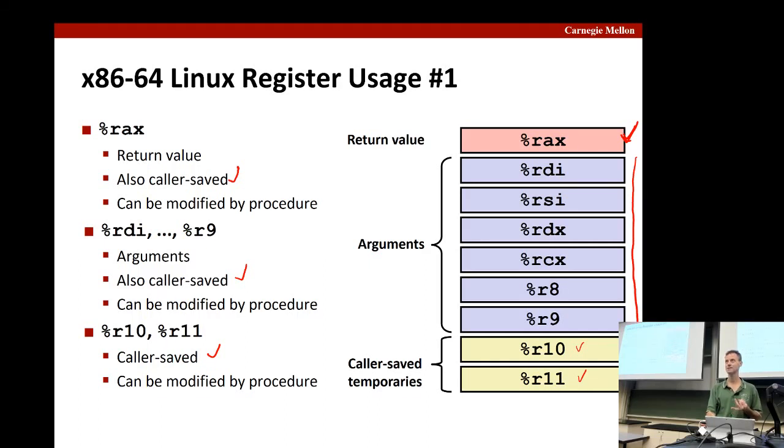So I'm saying, if you call multiply and it puts two things in R10 or R11, and multiply happens to call add, there's no guarantee that add can also use R10 or R11 to keep track of previous variables. Right.